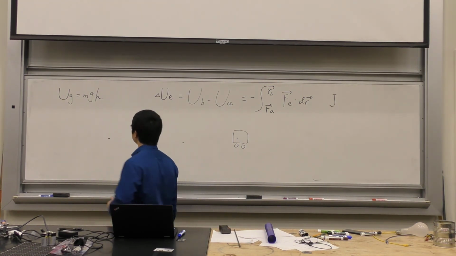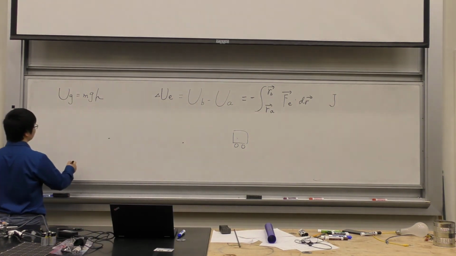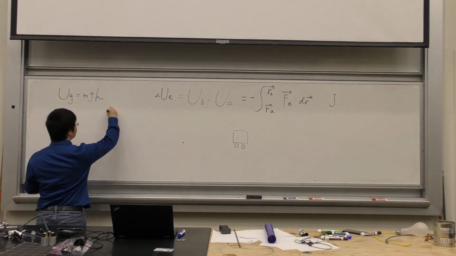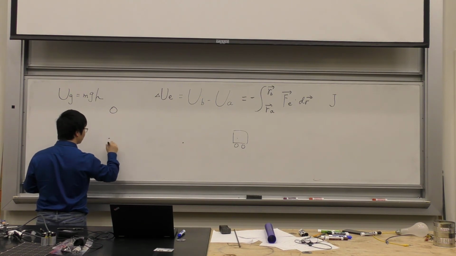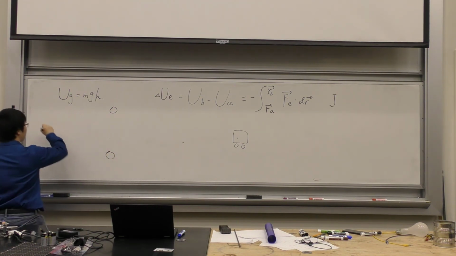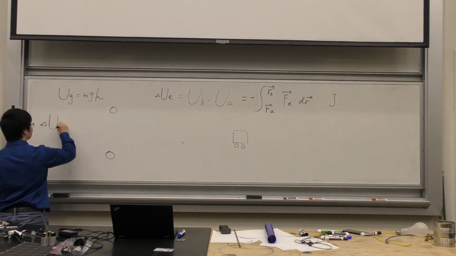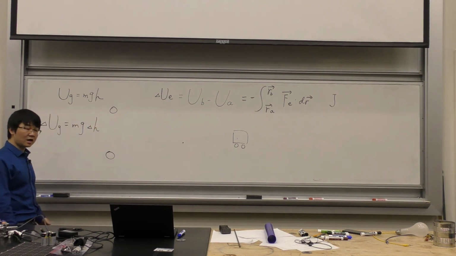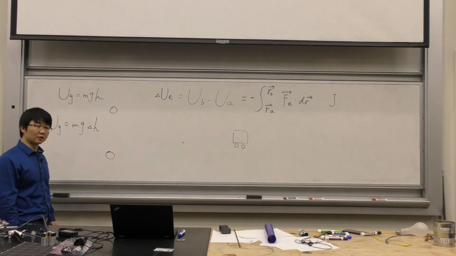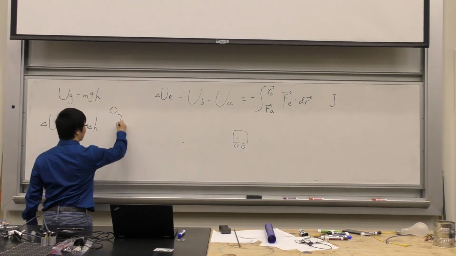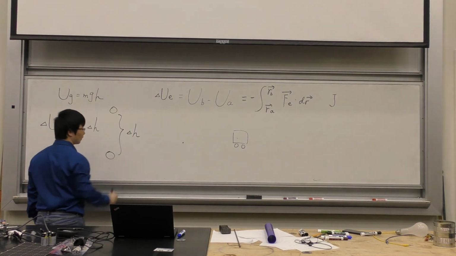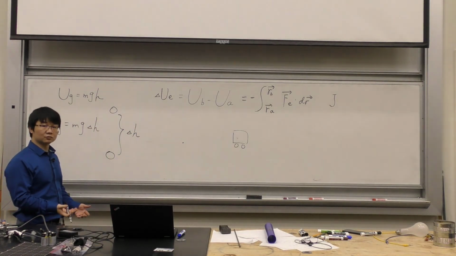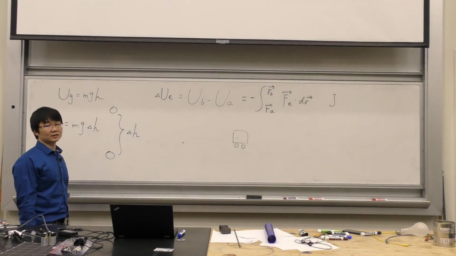But if I calculate the potential difference between 2 points, I have an object here, and then I move it down here, and I want to calculate the change in the potential energy, that's going to be a unique number. It doesn't matter which reference points you pick, and it doesn't matter who is doing this calculation. The change in the height is totally absolute, totally unique. Everyone is going to get the same number.